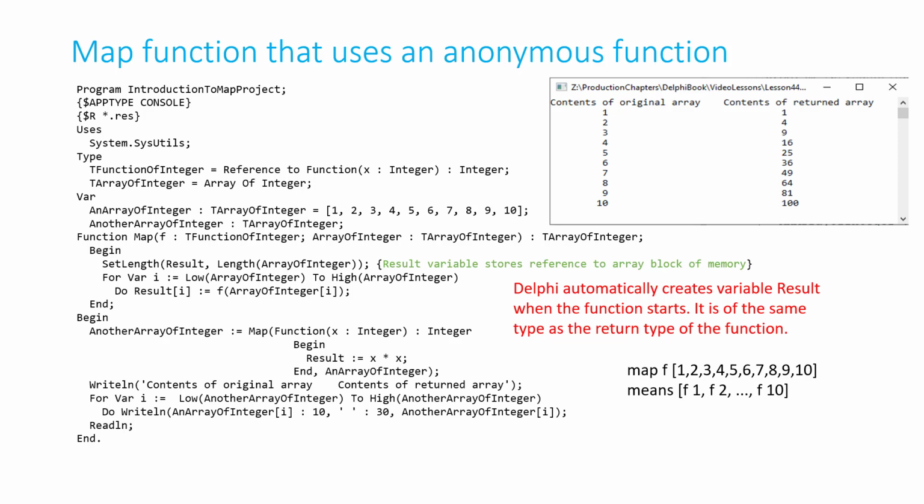Okay, so we're going to create two arrays, one to hold the integers 1 to 10 and one to hold the square of these integers. So our first array, an array of integer, is of type T array of integer, which is a dynamic array, and we actually create its size of 10 elements by initializing this array at the time that we declare it.